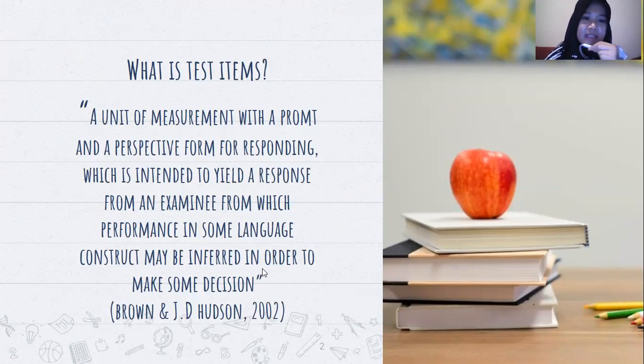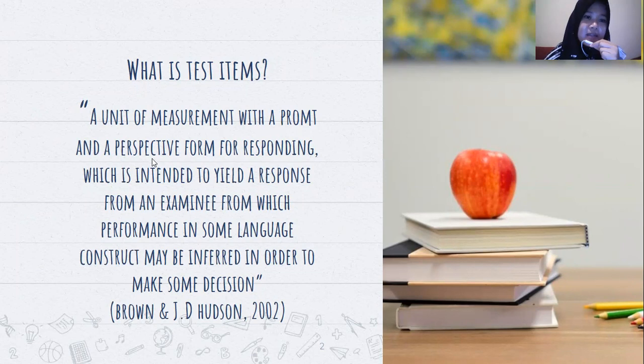According to Brown and Abeywickrama 2010, a test item is a unit of measurement with a prompt and a prescriptive form for responding, which is intended to yield a response from an examinee from which performance in some language construct may be inferred in order to make some decision. So from this definition, we can highlight the word prompt as an important part of the test item.